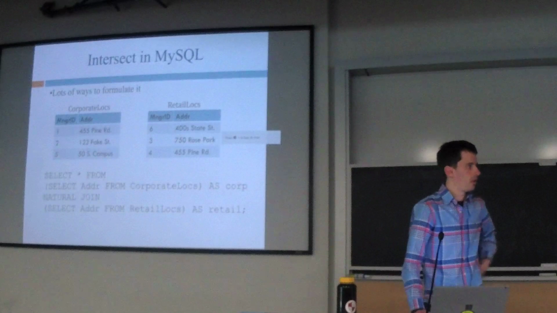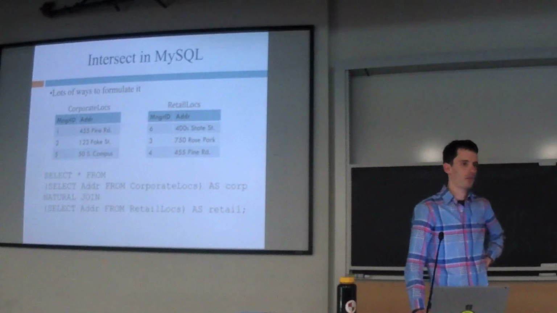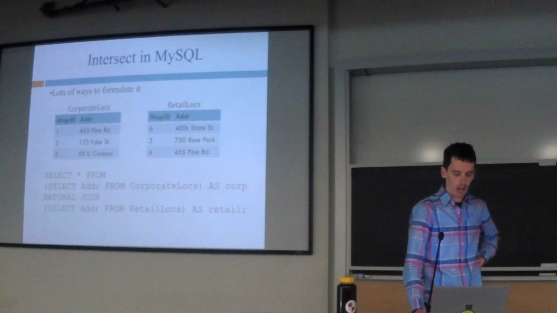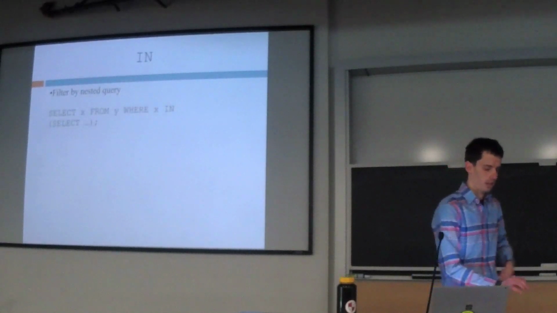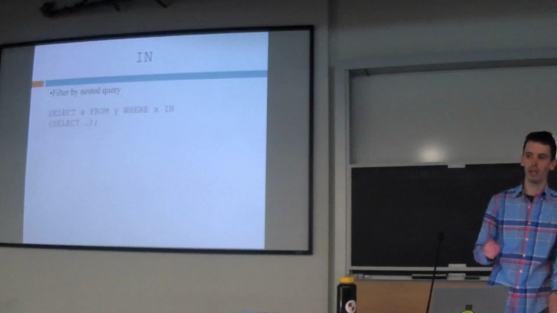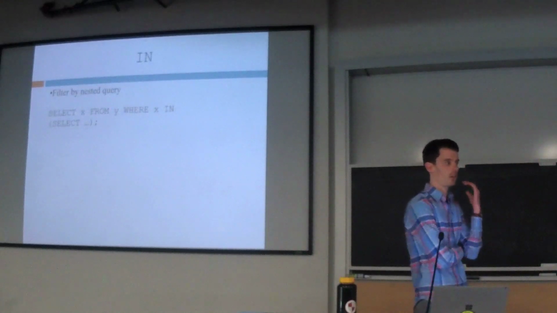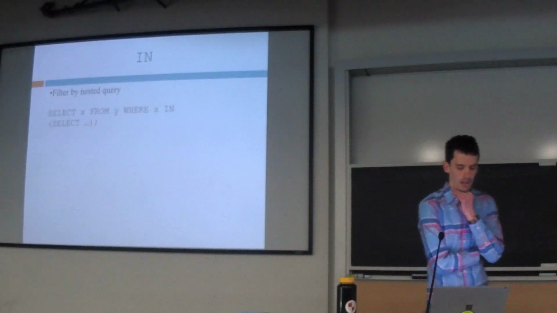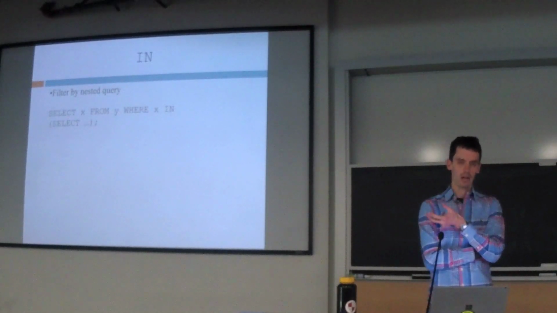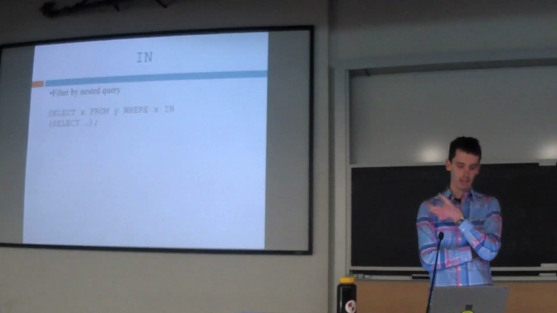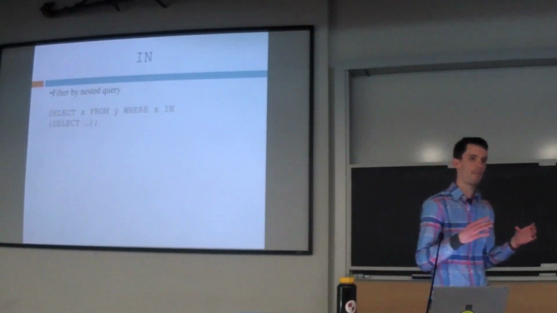So there's one way to formulate it using a natural join, as we saw. Here's an introduction to a new operator that will be another way to formulate an intersect that is also useful for other things. So select x from y where x in, and then a nested query.